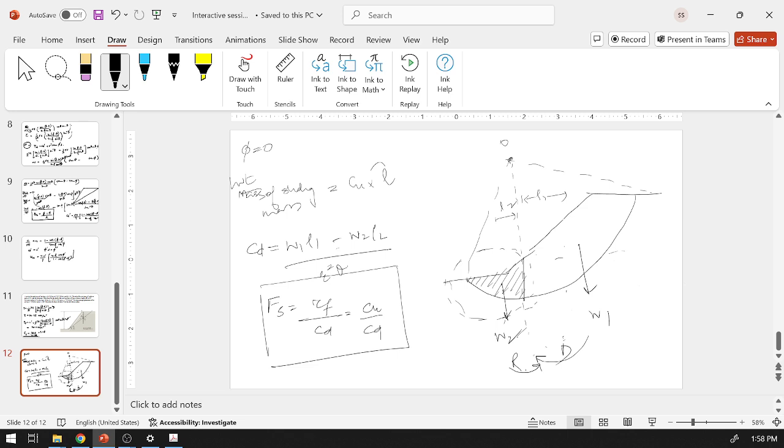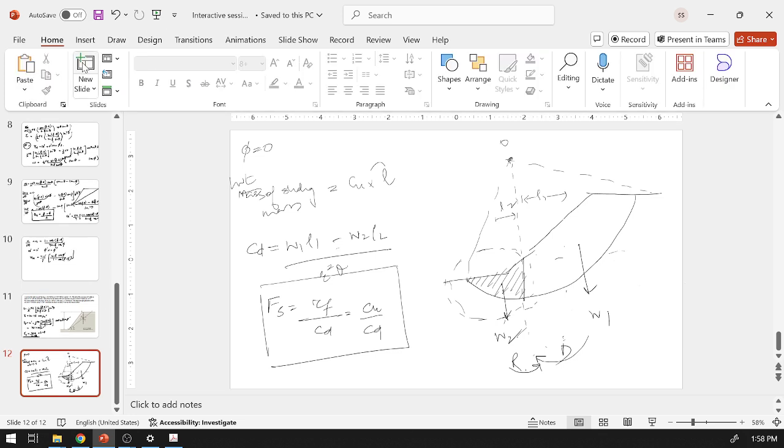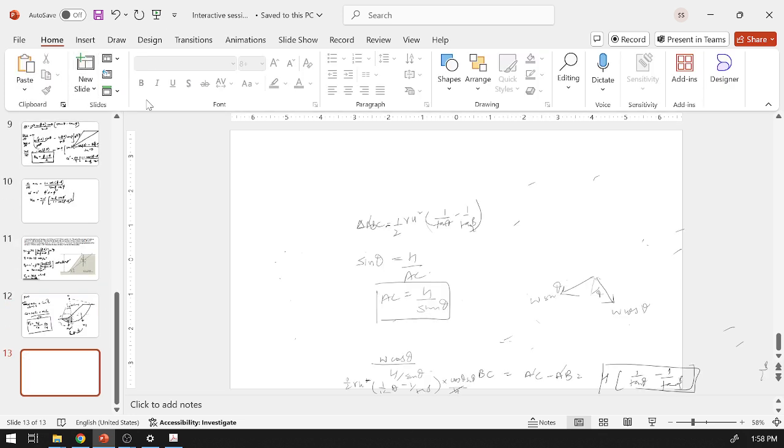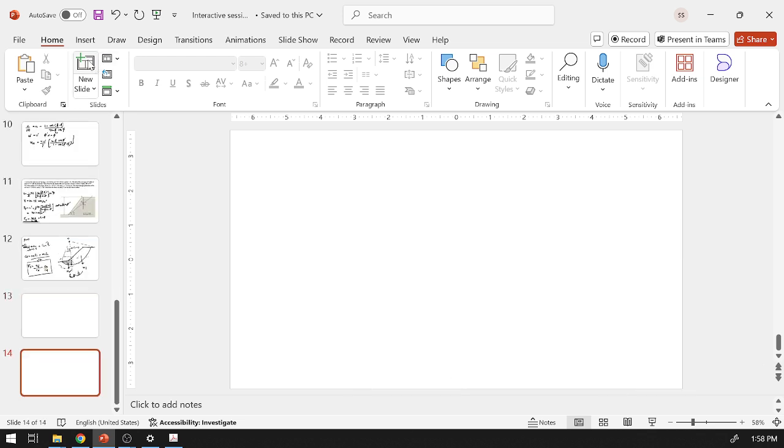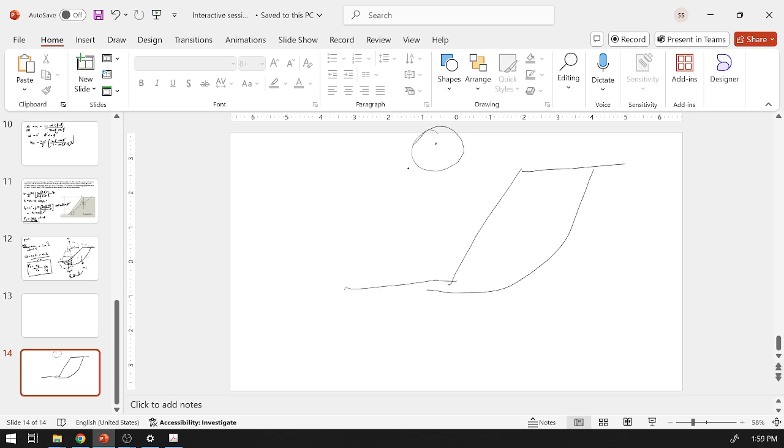So for c-phi soils now, there is a general procedure, which is called the friction circle method, in which we take a friction circle here. We make this wedge here.